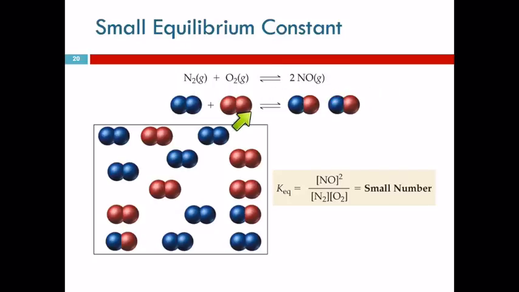The reverse reaction is favored, and so we mostly have reactants. This is the equilibrium expression for this reaction. If this is a small number, then the numbers in the numerator have to be small, and the numbers in the denominator have to be big. The concentrations of reactants are large compared to the concentrations of product.